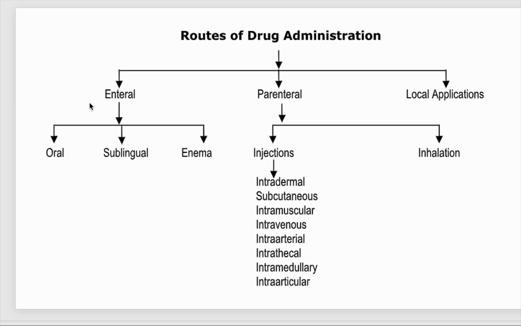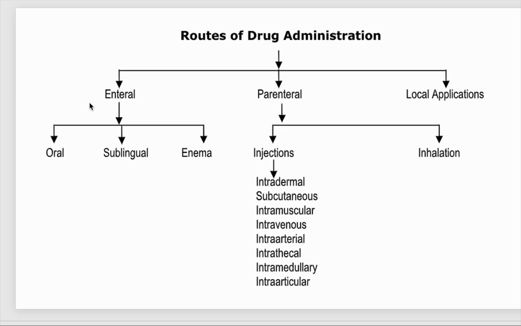Local effect is the effect produced by a drug in a localized area where it is applied or administered. In case of ointment, topical application, you can see the effect of the drug then and there. If there is a cut or some kind of infection, you apply your ointment and you can see the effect.